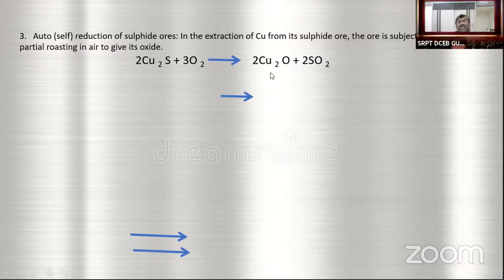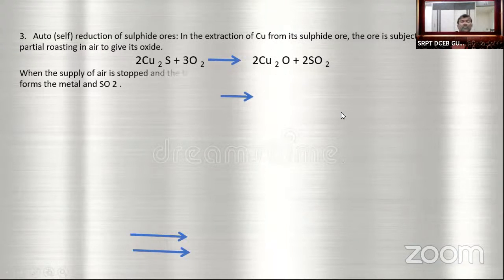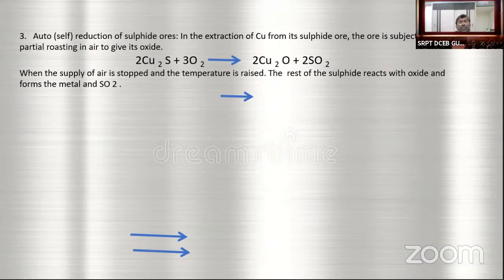Here copper sulfide is converted into copper oxide. That means copper sulfide is oxidized to copper oxide. Sulfur dioxide is also evolved in this reaction.